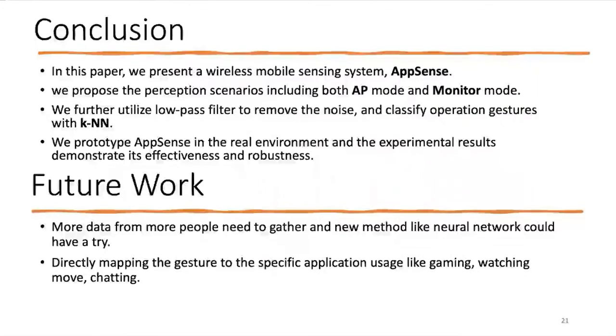So for the conclusion, in this paper, we present a wireless mobile sensing system named AppSense, and we propose the perception scenarios, including both the AP mode and the monitor mode, corresponding to the smartphone connected to the devices by the Wi-Fi signal, or the smartphone not connected to the Wi-Fi.